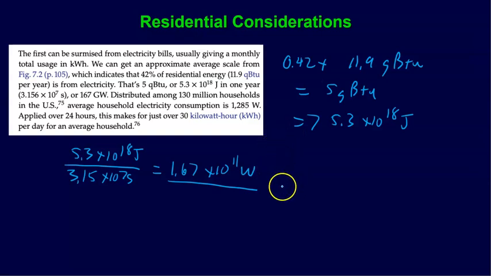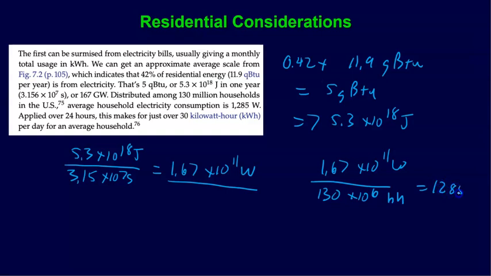We then take that number, 1.67 times 10 to the 11 watts, and divide by the number of households, which is roughly 130 million, so 130 times 10 to the 6 households. This gives that each household's energy use is about 1,285 watts. I'll write that as 1.285 kilowatts. And so that's our power usage.